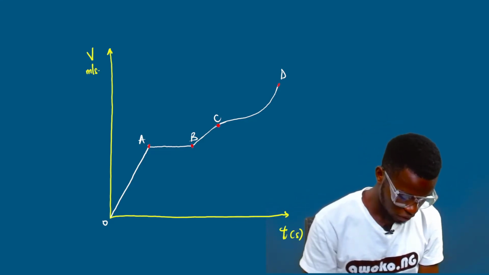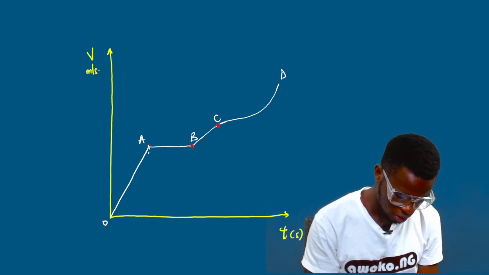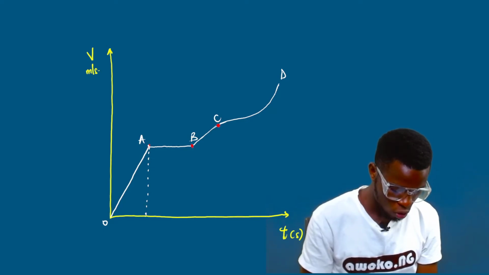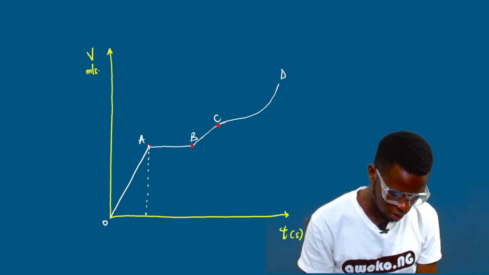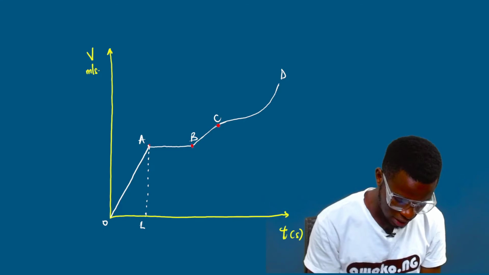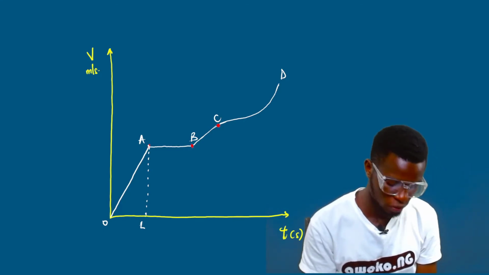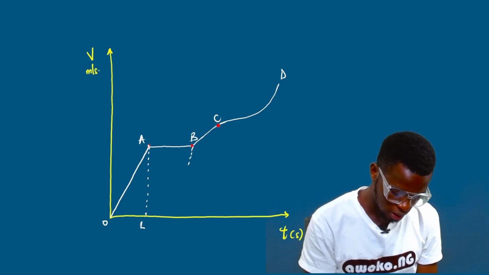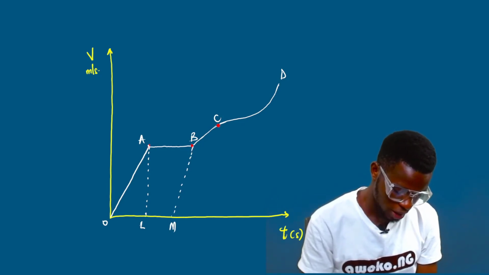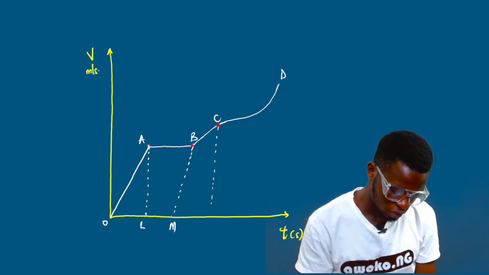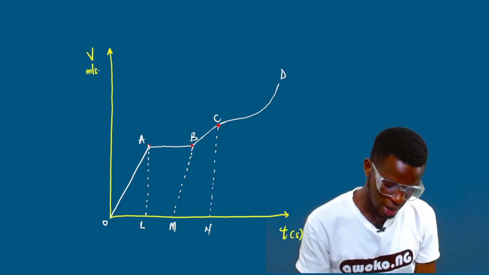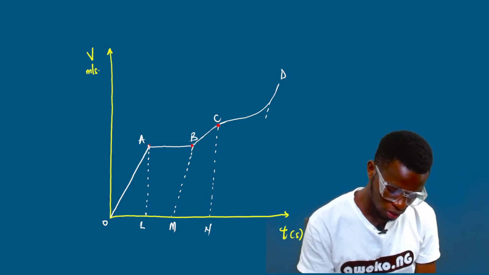All right, so if this comes down, the distance from point O to point L is the time taken, let's call this L. And then the movement of the object from point B to point C, let us say it maintains this path to point M, and from point B to point C it travels with this time N, and then the motion continues this way and then comes down.